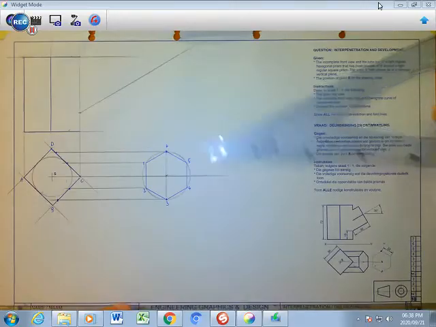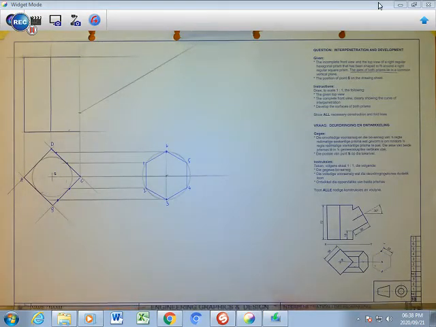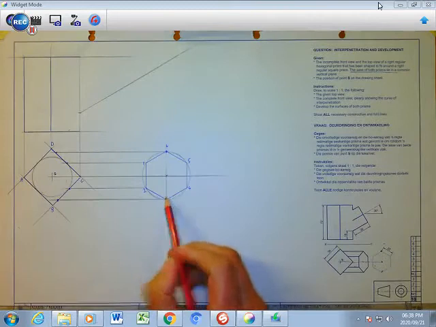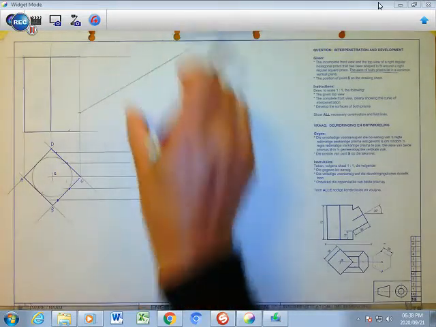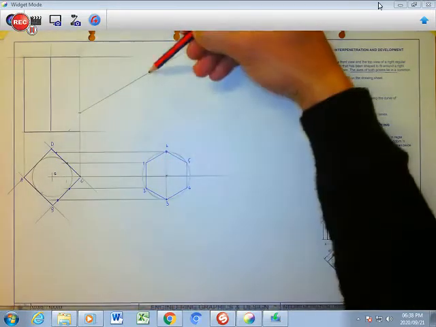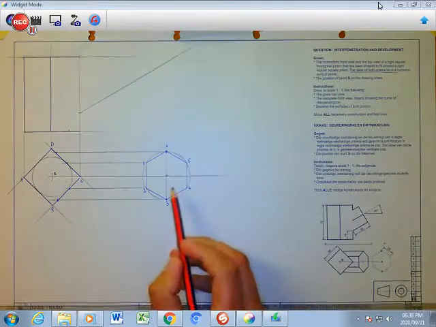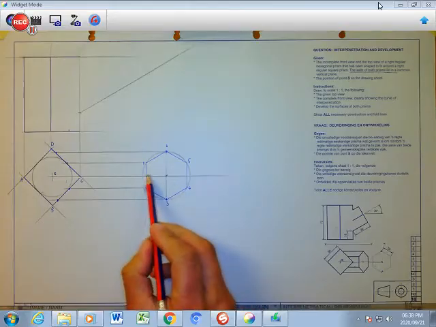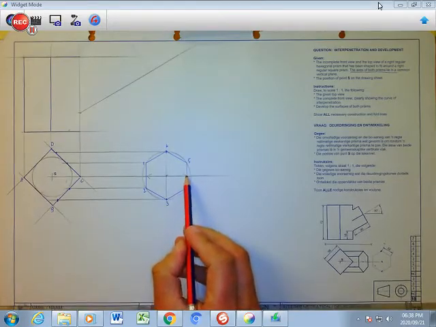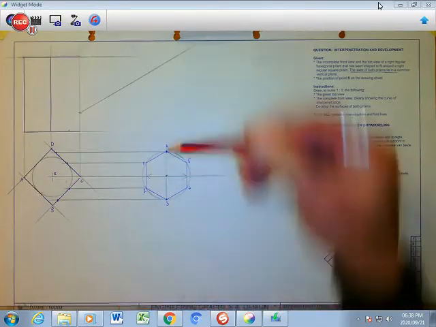Now, very importantly, learners, this cannot just be taken like that there, because this across here is going to be that distance from there to there.